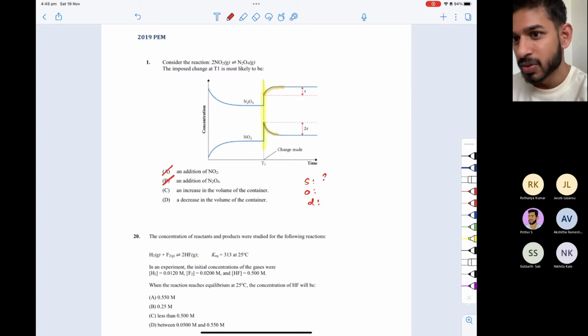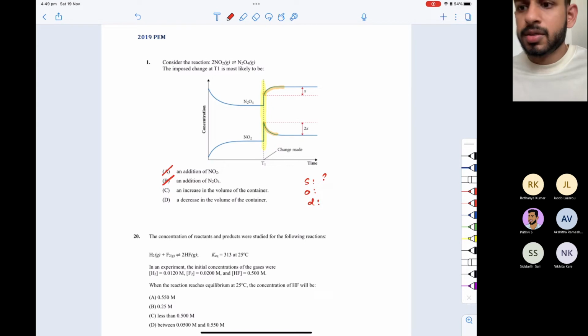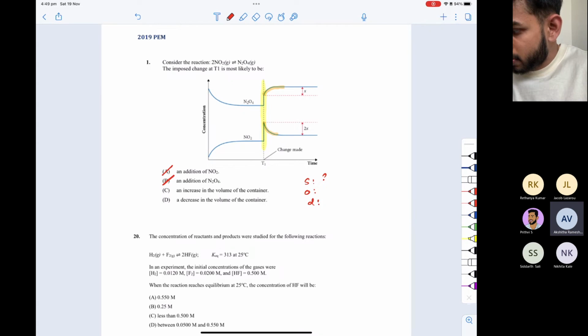Yes, we do. Actually, which direction did the equation shift after the stimulus phase? So in the orange phase there, Shita, did it go to the left or to the right? Right.